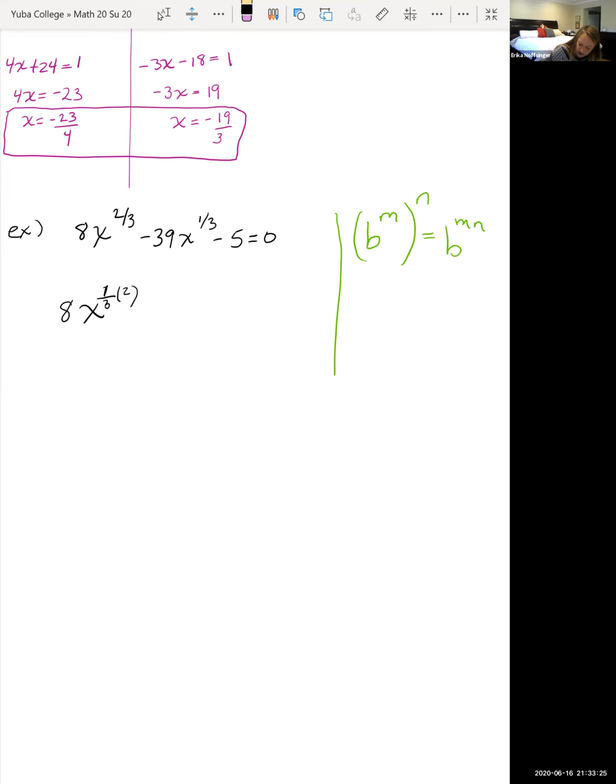Minus 39x to the 1/3 minus 5 equals 0. So notice if we choose our u to be x to the 1/3 power, we've now created this to look like a quadratic equation.